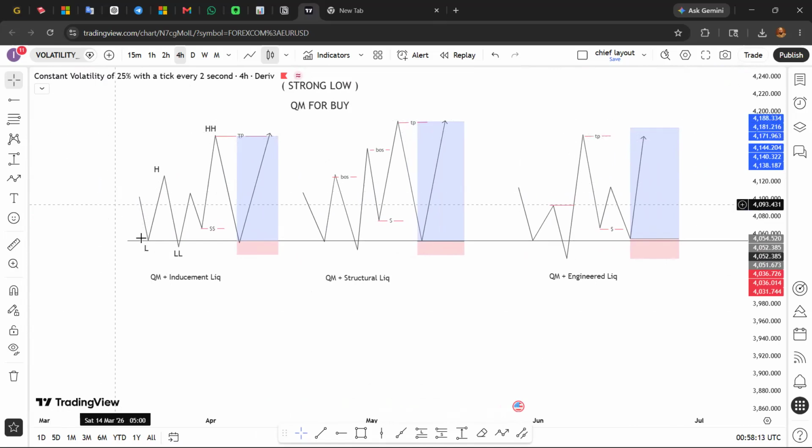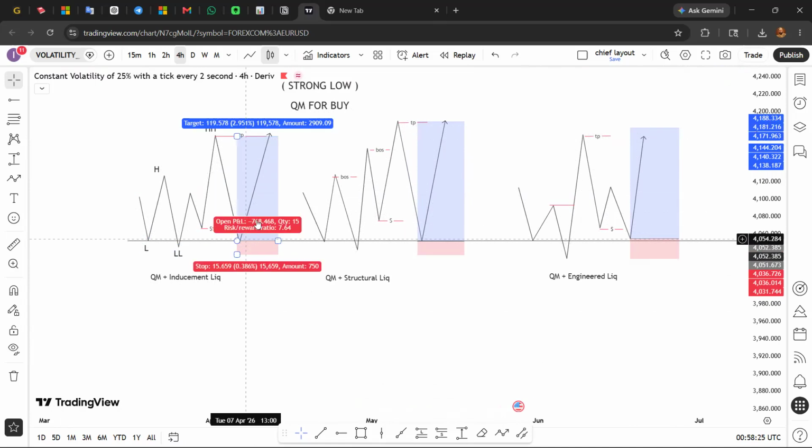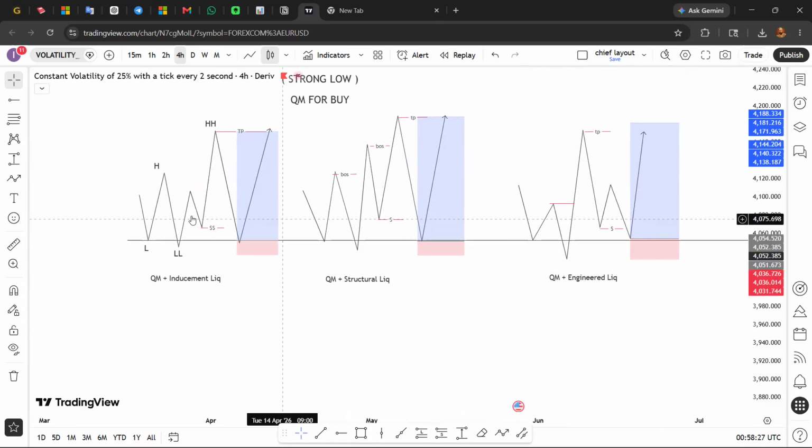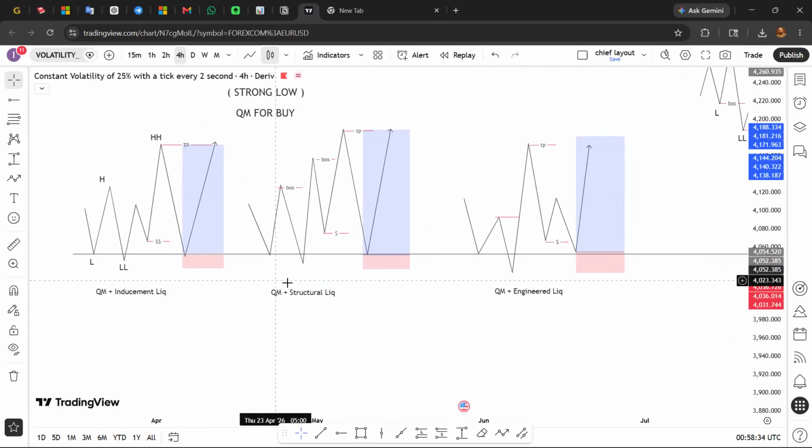Let's say the market is selling and you're seeing this formation where we have our high here, our low, and our lower low, and this becomes our high. Then this becomes inducement liquidity for us to take the buy either from the QM or from this last support level. Then we have another structure which I call the QM structural liquidity.